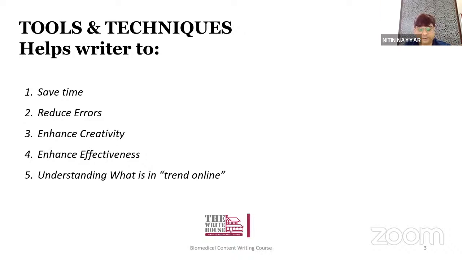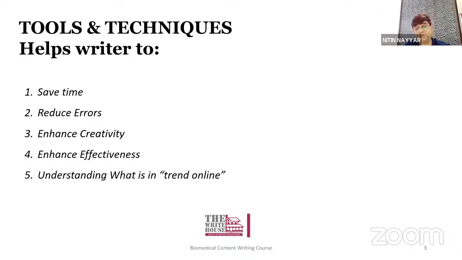Second, it reduces error. See, no software can be better than the human mind. Always remember this. But yes, there are certain tools available online which will help you make your content better, like we have learned about active and passive voice, how to use the best words, and how to make the paragraphs or sentences.